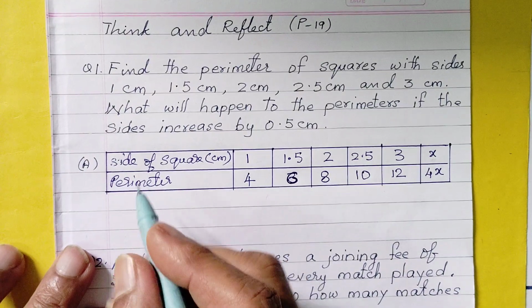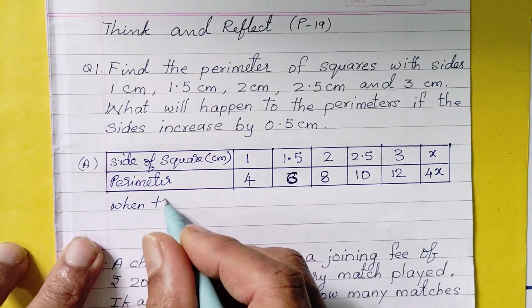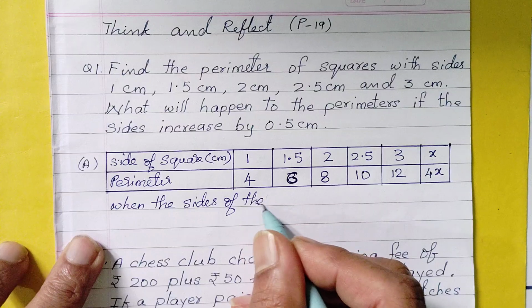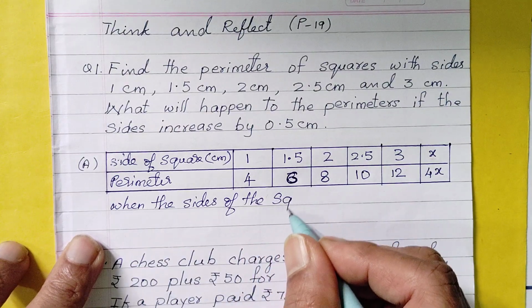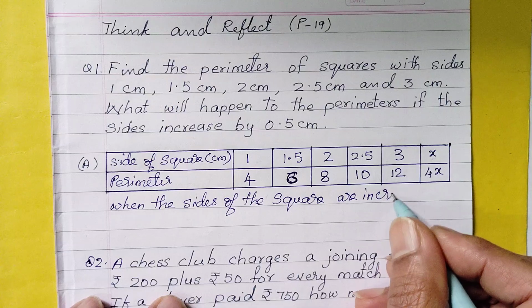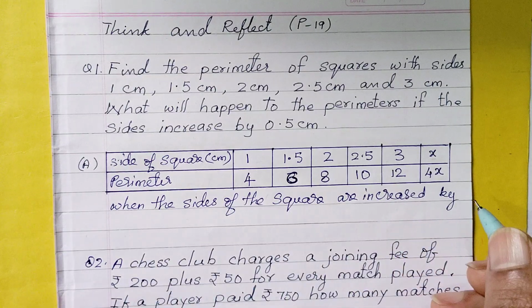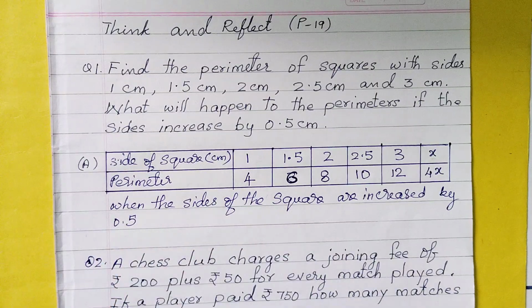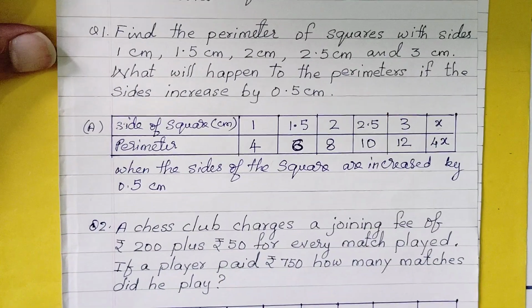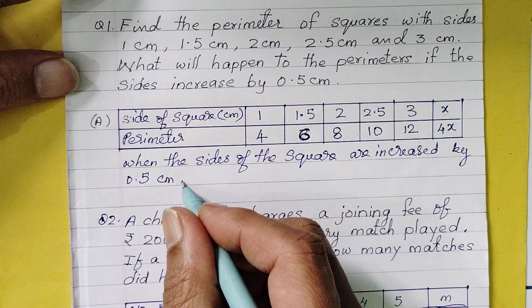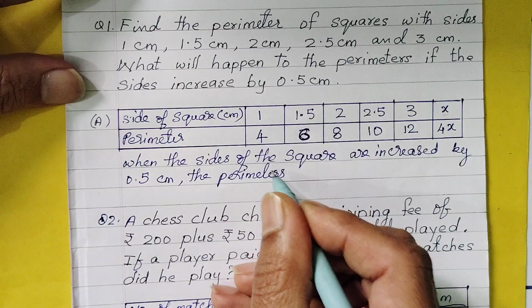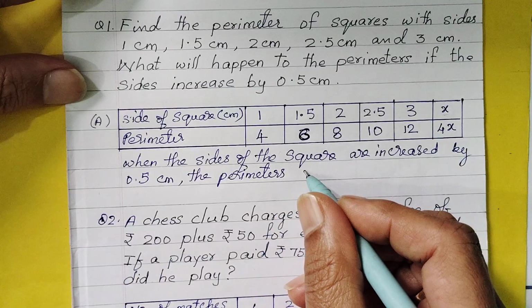So we can write, when the sides of the square are increased by 0.5 centimeters, the perimeters increase by 2 centimeters.